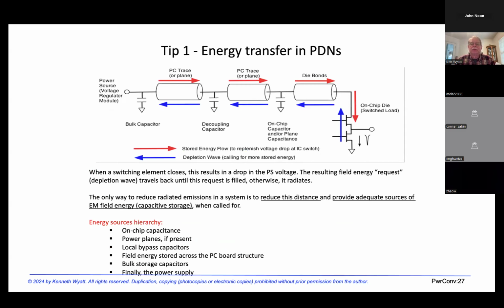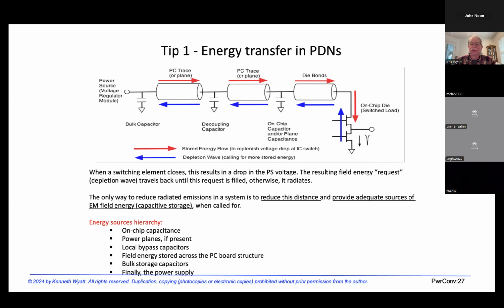As far as power distribution networks, we're still on tip 1, by the way, but we'll go quicker through the other tips. But I really want to focus on the layout and the stack up concepts. So let's start on the right-hand side of this picture.